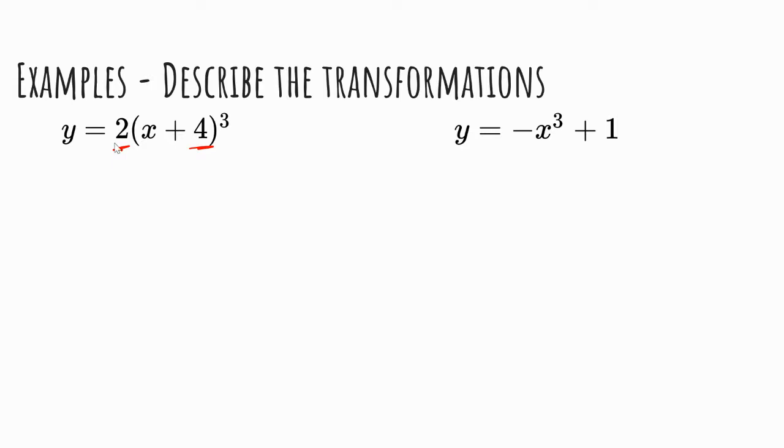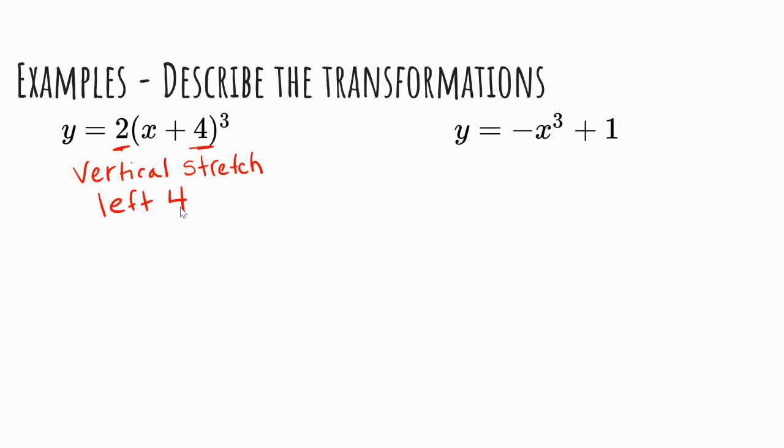There's no negative, which means there's no reflection. But since 2 is bigger than 1, this has a vertical stretch. x plus 4, since it's inside the parentheses, if I look back at my previous slide, we know that x plus means that we're going to the left. So we're going to the left 4 units.